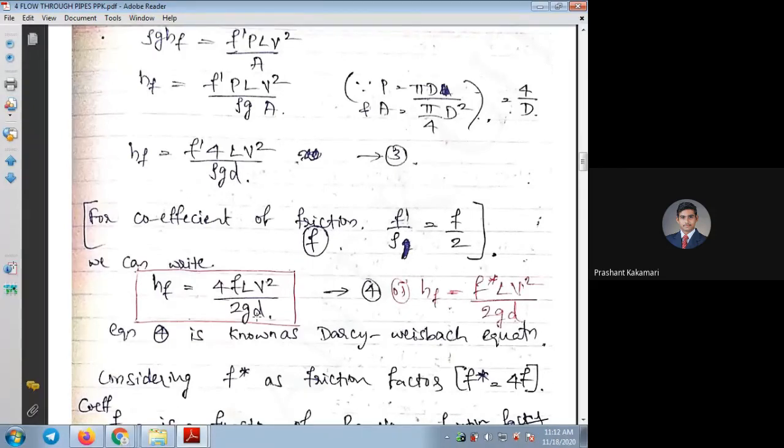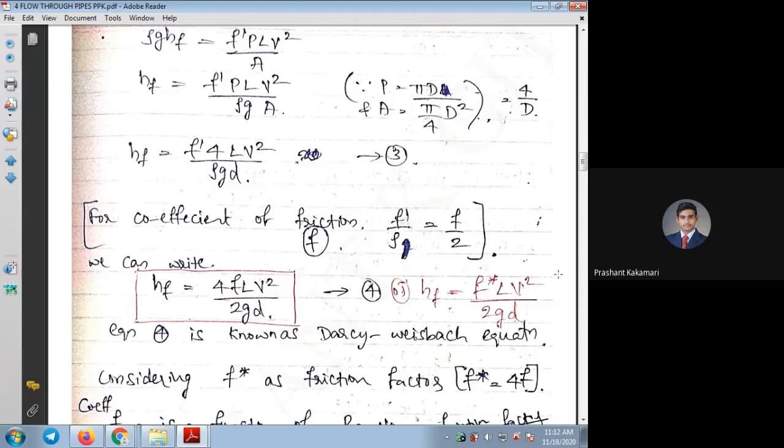And one more term they have written is 4f. The 4f can also be written as f star. Okay, so f star is again what? The friction factor. So in this derivation they have recalled many terms. One is the friction factor, that is 4 times the coefficient of friction, 4f.